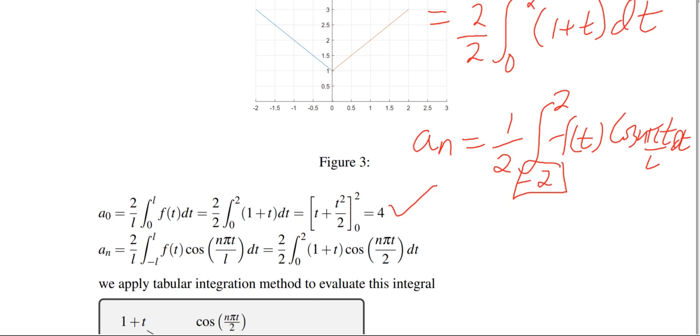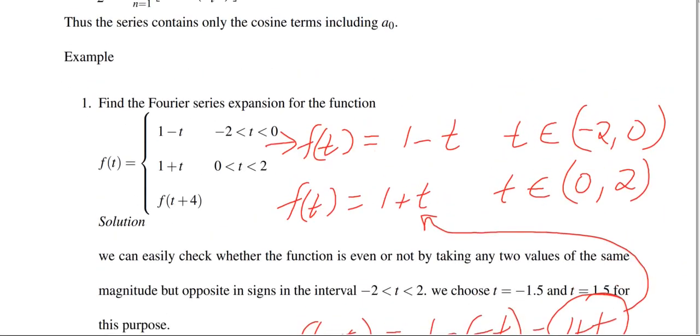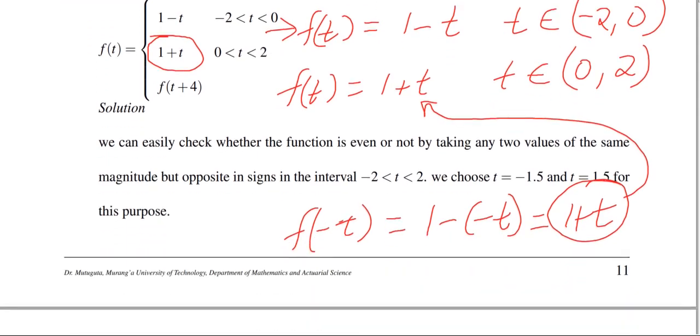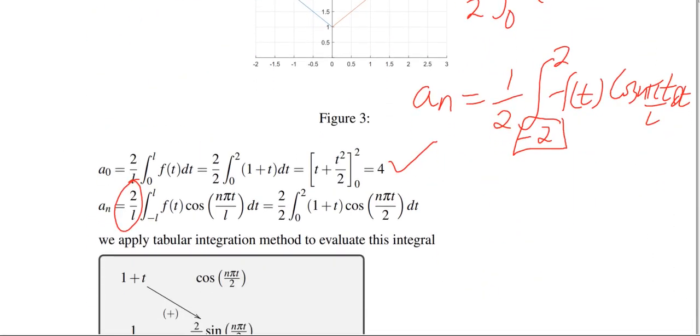So we only need to start from 0 and then multiply the result by 2, so that we write 2 over L instead of 1 over L. And because we are going to start from 0, the function between 0 and 2 is 1 plus t, as we have here. So we only need to use that. We don't need the other interval now, because we already know that the function is even.